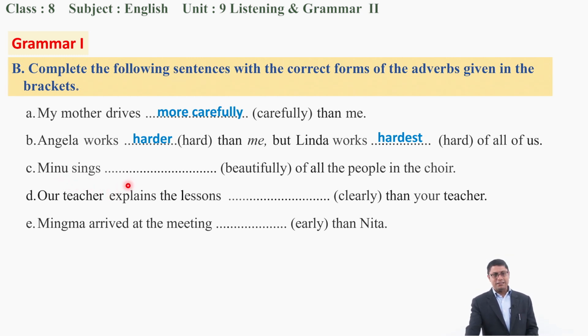Minu sings beautifully of all the people in the choir. So see there, we have the word beautifully, and here you have to decide whether to use the comparative or the superlative degree of the adverb. And what do you think you will be using?